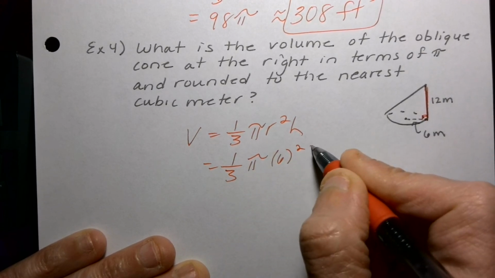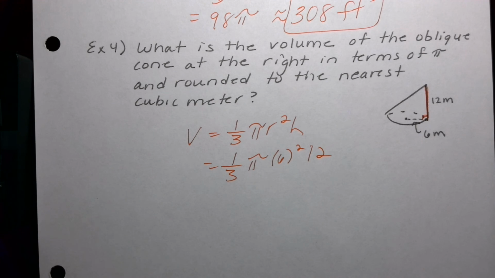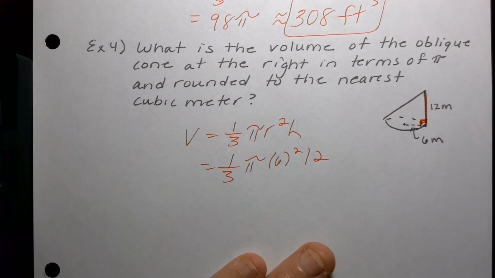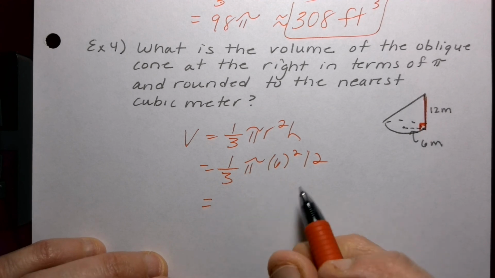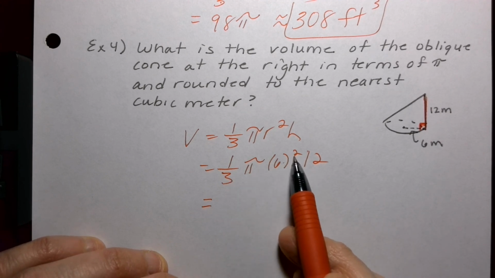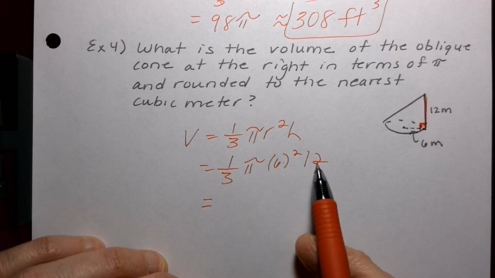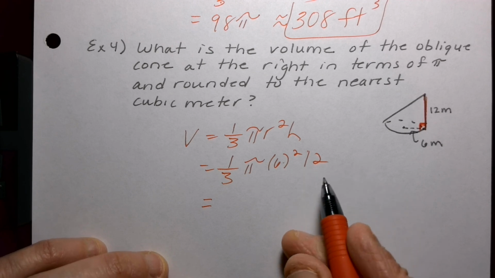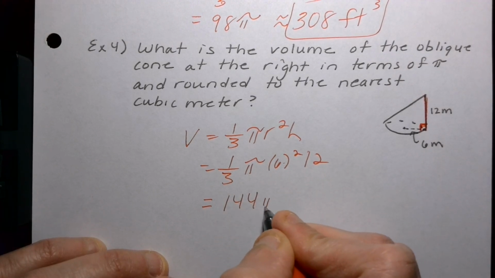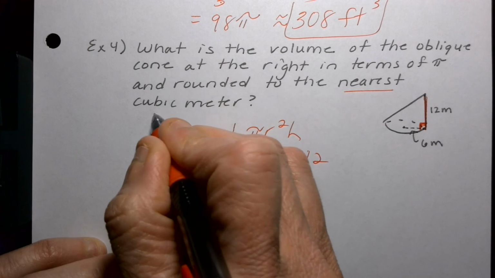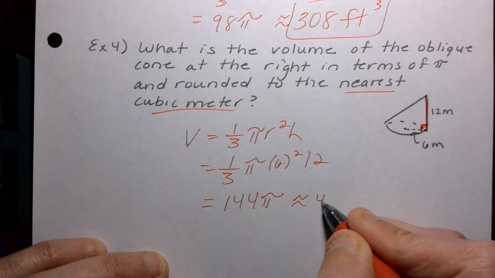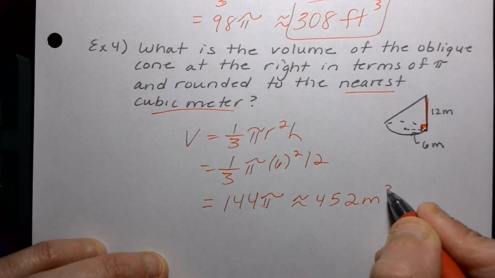Height is actually the side in this case. It's rarely angled perfectly so that the side is the height. But just remember, whatever is perpendicular to that base is your height. So I've got 36 times 4 is 144 pi. To the nearest meter, it's 452 meters cubed.